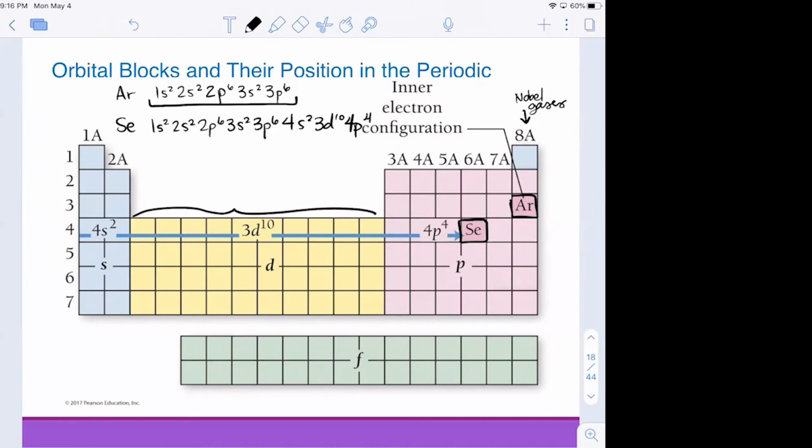What we could do, instead of writing the full electron configuration, is write what we call the shorthand. You take the previous noble gas, and then you write whatever is left over. Notice this is the exact same right here. Whatever's left over, we can write after that noble gas shorthand.